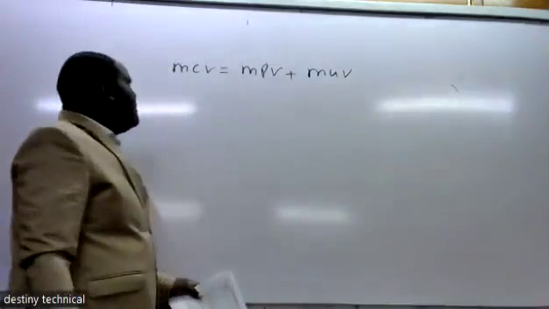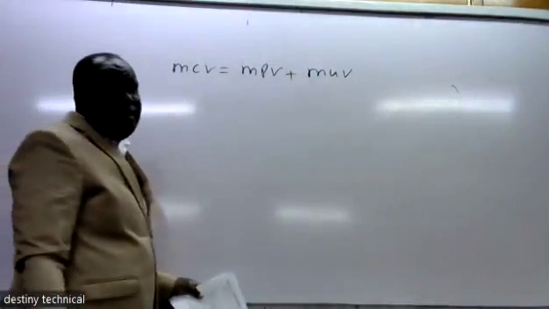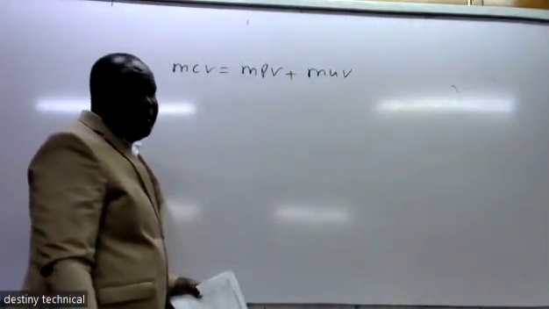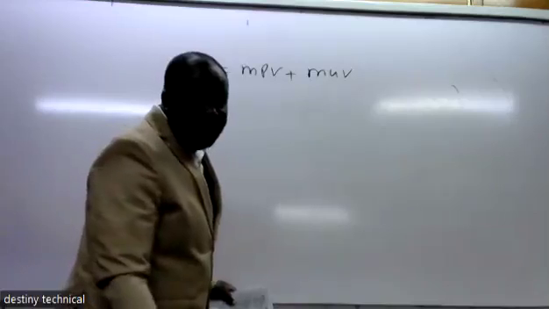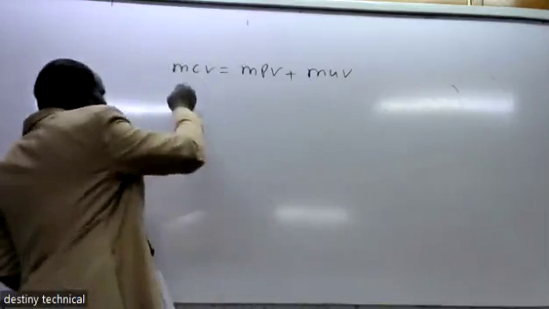To get the material cost variance, it is simply the material price variance plus the material usage variance. So we start off with the material price variance.